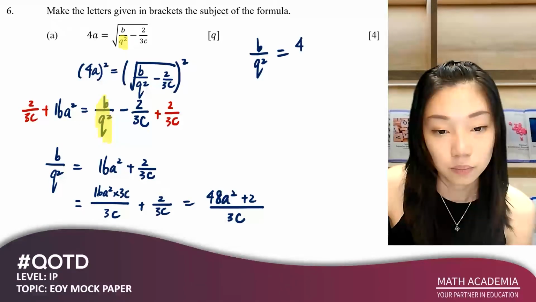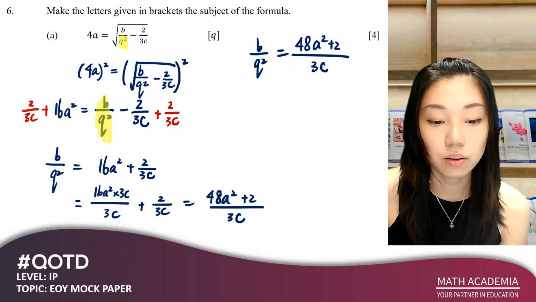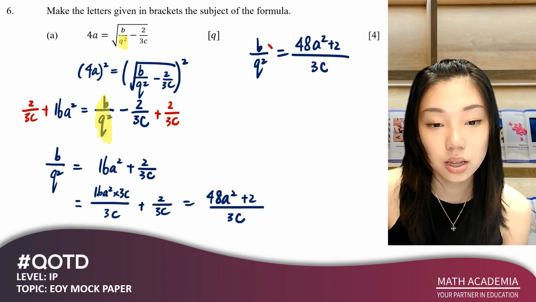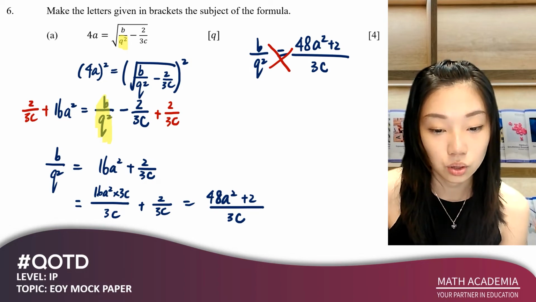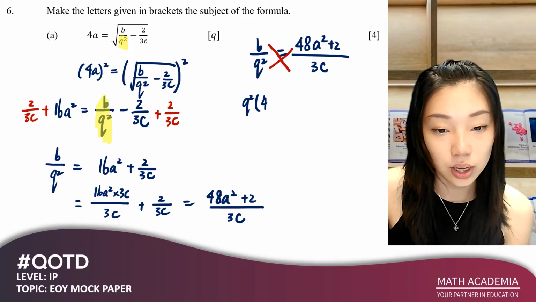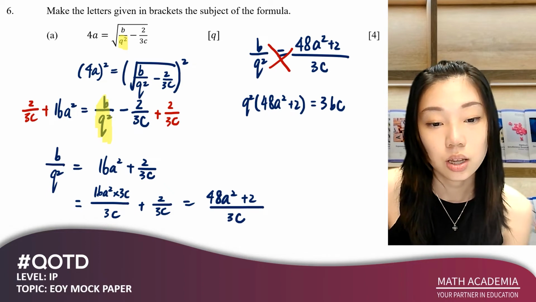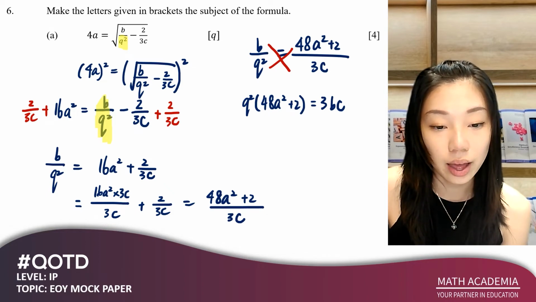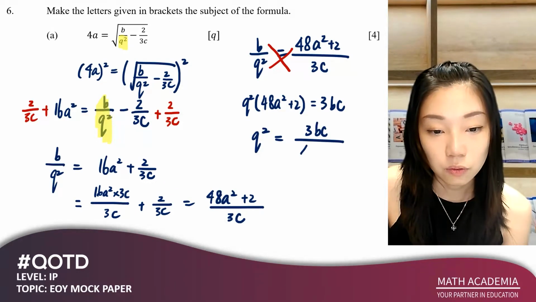The next thing I can do is I can cross multiply. When I cross multiply, I take b multiplied by 3c equals q squared multiplied by 48a squared plus 2. That would give me q squared multiplied by 48a squared plus 2 equals 3bc. So to isolate q, I have q squared equals 3bc over 48a squared plus 2.